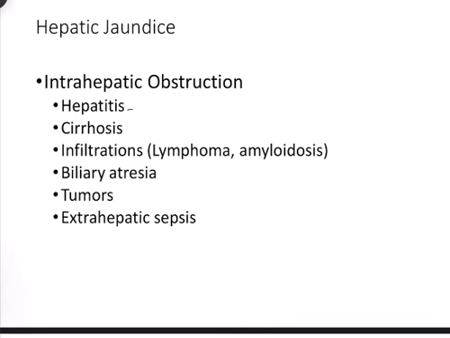Sometimes due to hepatitis, the inflammation of the cells within the liver. Cirrhosis, the death of cells, causing fibrosis of the liver. Okay? Your liver becomes nodular. Infiltration of lymphoma and amyloidosis. What are these? These are agents that can occlude your bile duct and other areas that are transporting the blood. Biliary atresia, tumors, and extrahepatic sepsis.